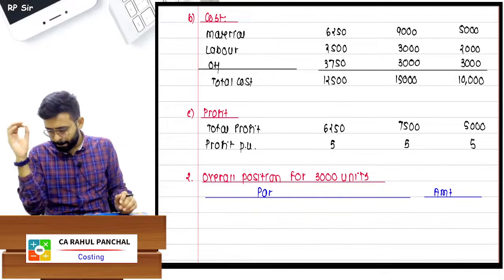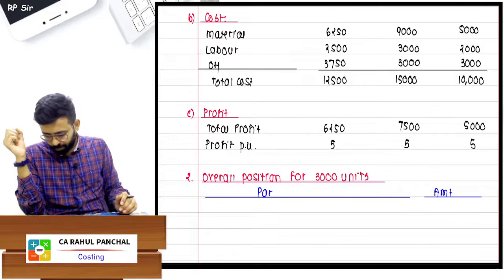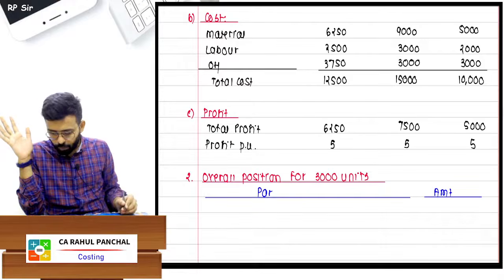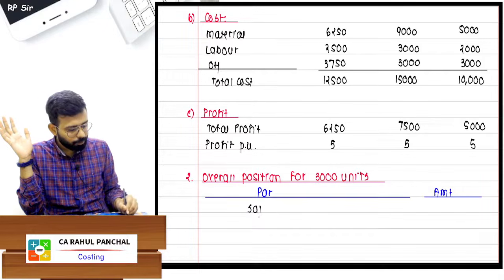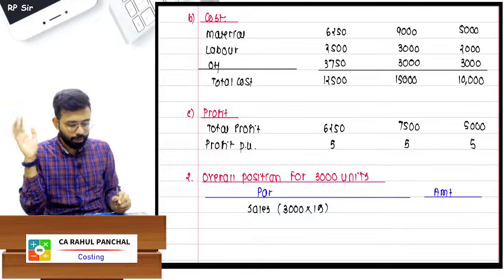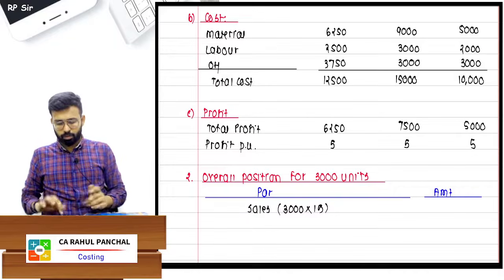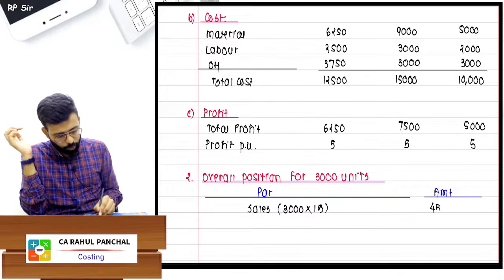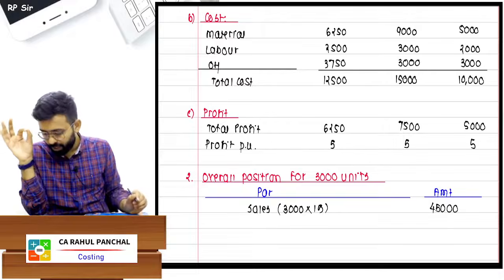What is your sales? You are going to sell total 3,000 units, every unit will be sold for 15. That is the selling price. So you will receive overall 45,000 from this order of 3,000.